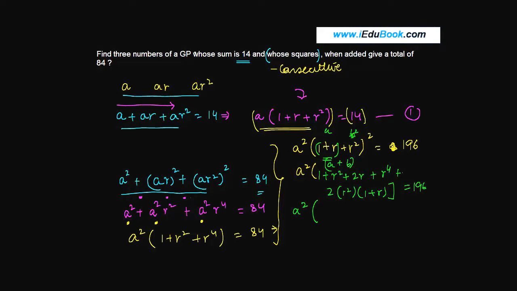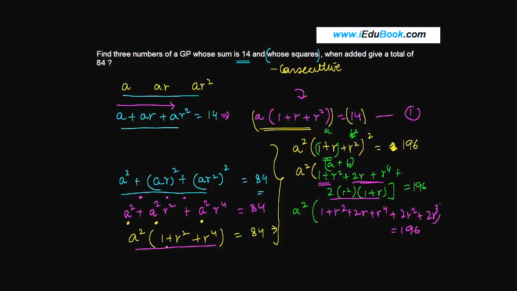Now, can I pick up the relevant portion from here in such a manner that I can substitute this with this? So if I open all these brackets, I get 1 plus r square plus 2r plus r^4 plus 2r square into 1, 2r square plus 2r square into r, 2r cube, is equal to 196.